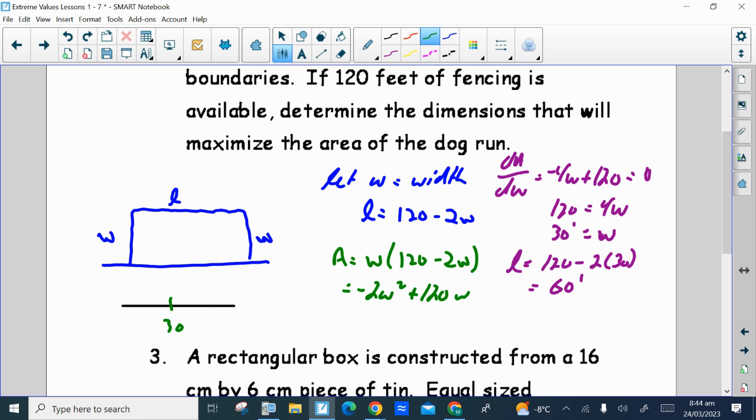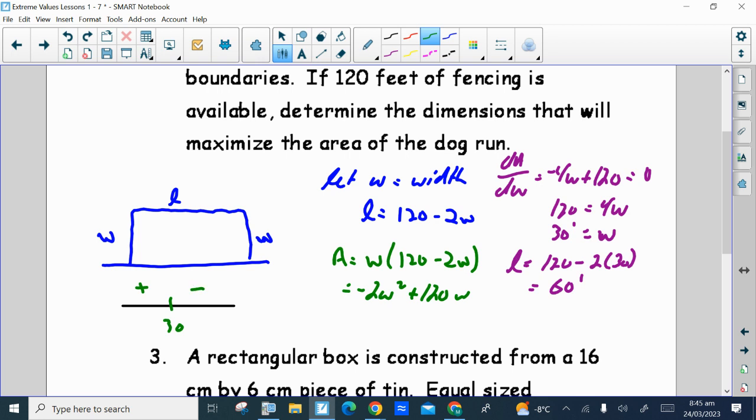So for example, you could let W equal 0, because that's to the left of 30, and the derivative would be negative 4 times 0, which is 0, plus 120. That's a positive value. Okay, a number to the right of 30, let's say 40. Well, negative 4 times 40 is negative 160, plus 120 is negative 40.